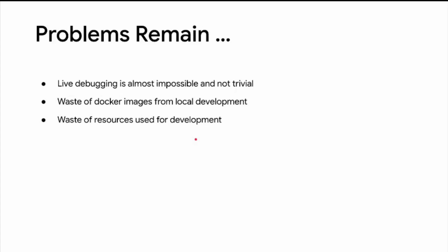But there are still problems that remain. The first one is that live debugging is almost not possible. Even when you have done these things, you still cannot use the debugging features provided by the IDE, like breakpoint, step over, step into, and so on.